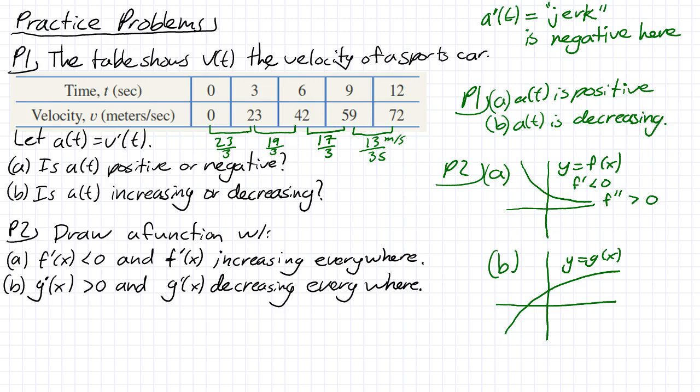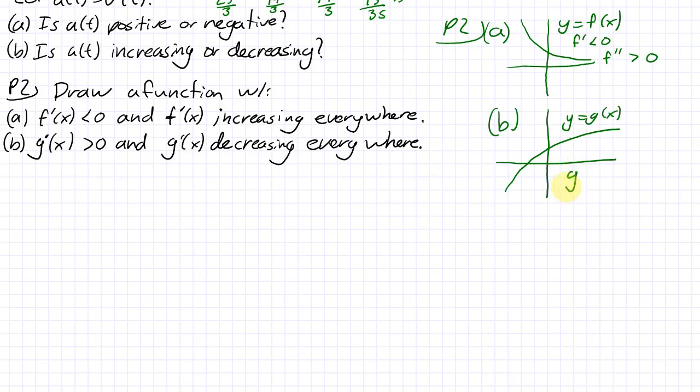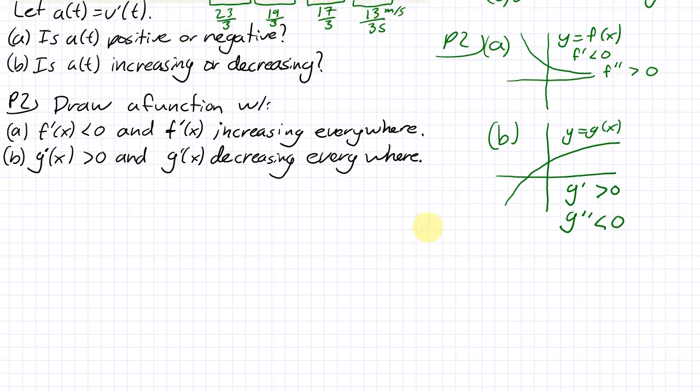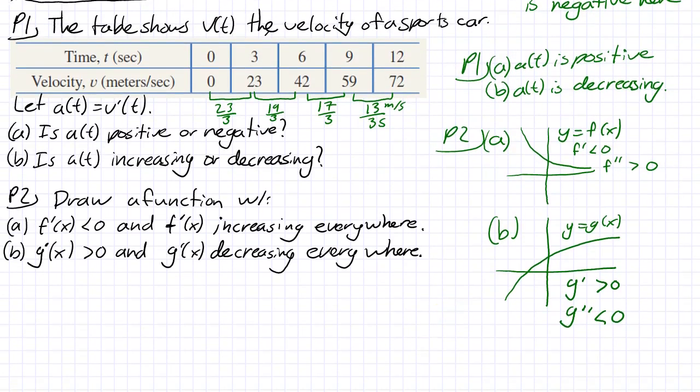And then this second one here, this is g of x. So g prime here is positive because the function is increasing, but it's increasing at a slower and slower rate. So the rate of change of the rate of change, or the second derivative, is actually negative. So just wanted to go over some weird things like that.